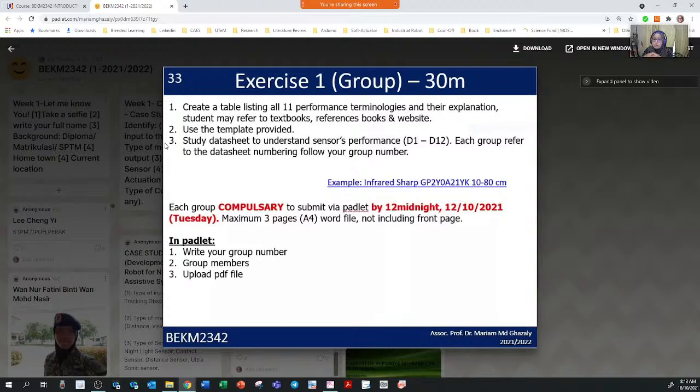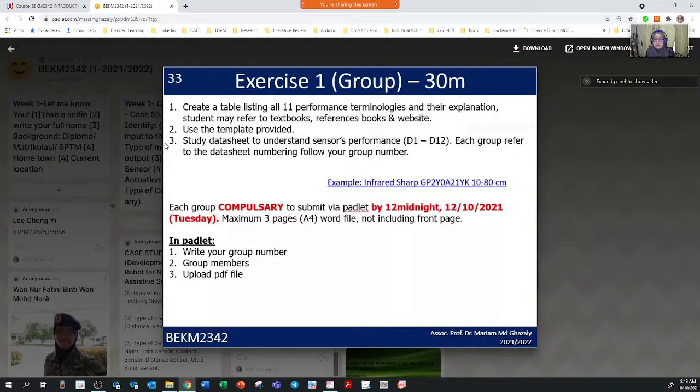So when you look at this type of data sheet, the data sheet is given to you, but assuming that you're given a problem, you need to determine what type of sensor is being used. First of all, you need to know what type of output you need to measure. I explained last week that there are multiple measurements.